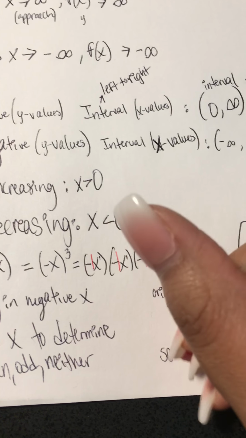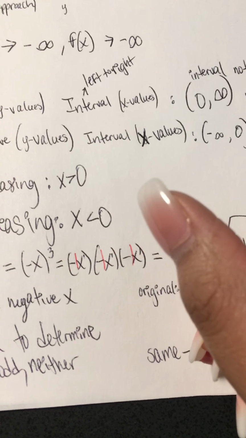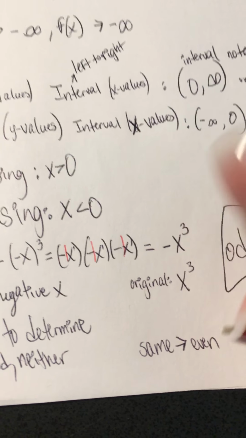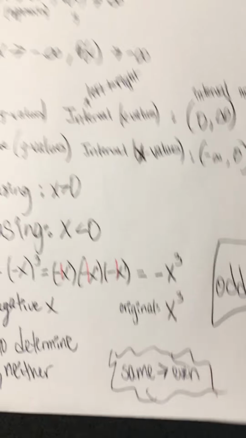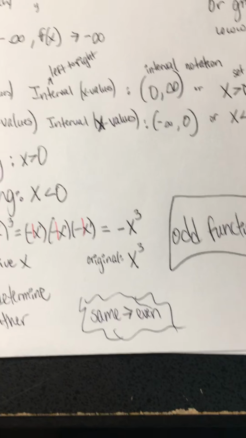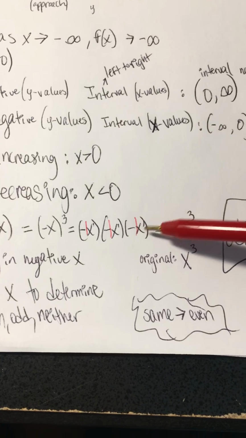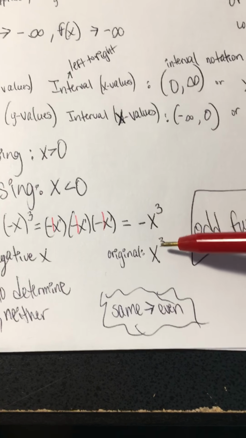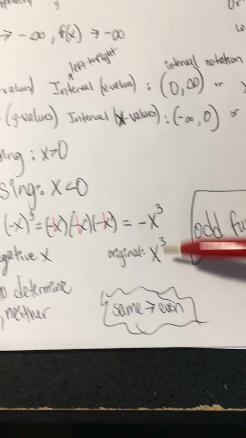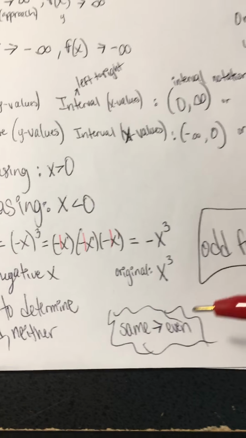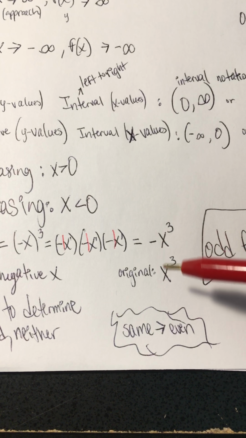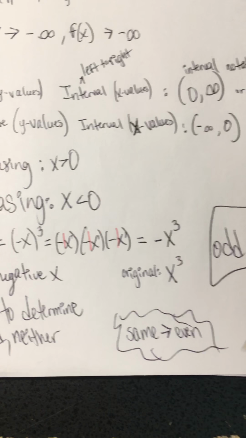If they were the same exact results, that would make it even. So because plugging in negative x gave me a negative x cubed as opposed to the original positive x cubed, that makes it an odd function. Now, if I ended up with the same exact thing, that would have been an even function.